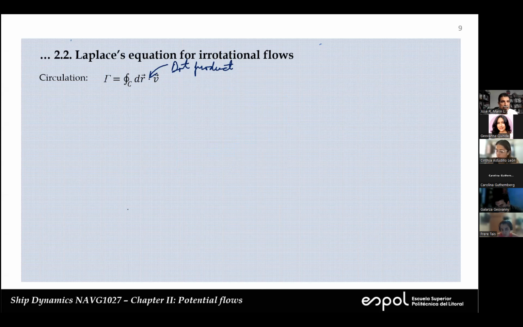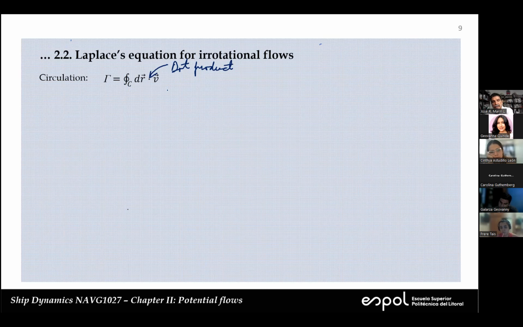That's why this gamma, the circulation, is a scalar. So in the case of regions where we have neglected these rotational effects, we can say that the integration of the circulation in a closed path is going to be 0.